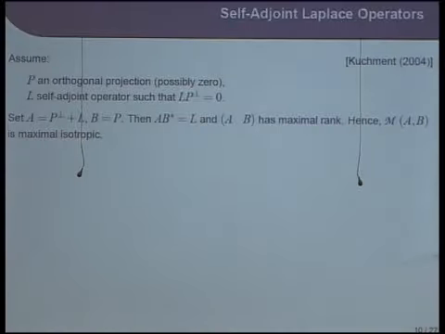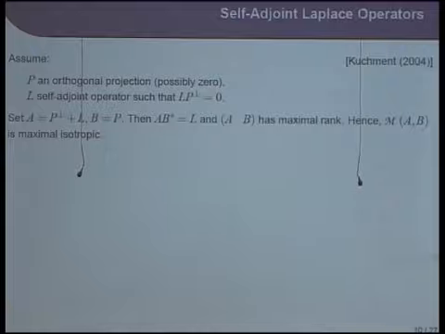Okay, so now we consider some specific parameterization in terms of matrices A and B, and we choose A and B in the following way. Let P be an orthogonal projection, possibly 0 or possibly 1, doesn't matter.